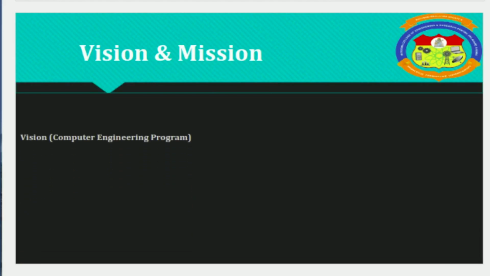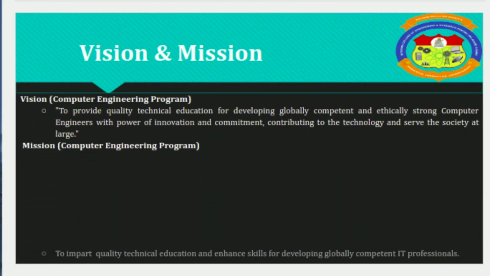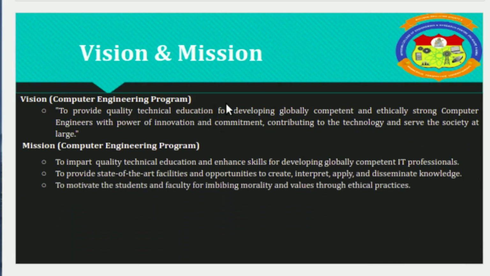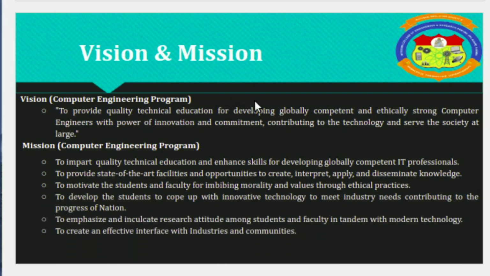The vision of the computer engineering program is to provide quality technical education for developing globally competent and ethically strong computer engineers with the power of innovation and commitment, contributing to the technology and serving society at large. To achieve this vision, our mission is to impart quality technical education and enhance skills for developing globally competent IT professionals, and so on. By keeping this vision and mission, we will start learning this subject.